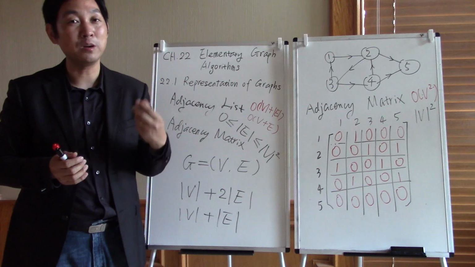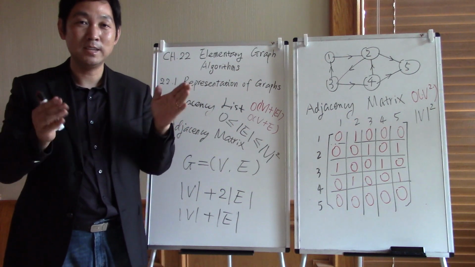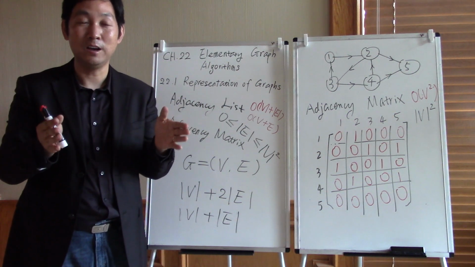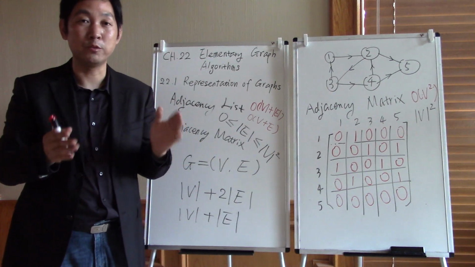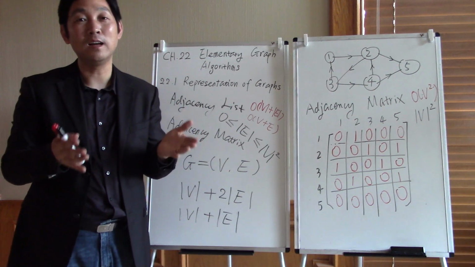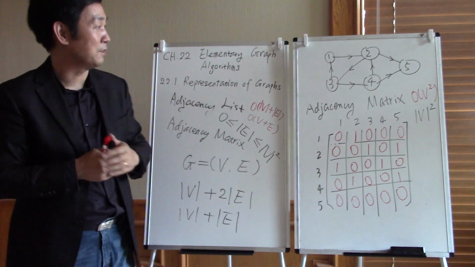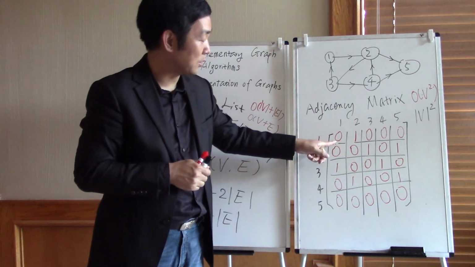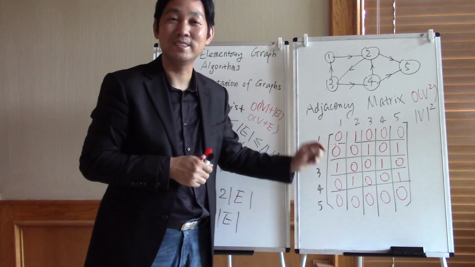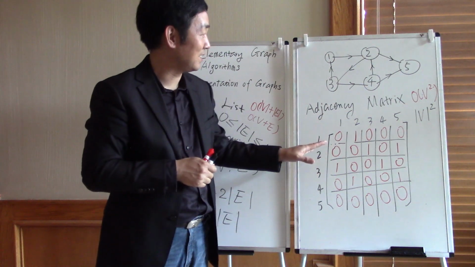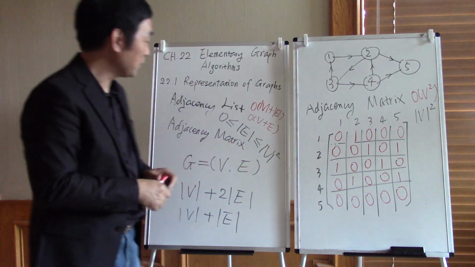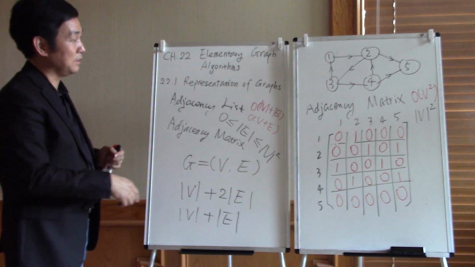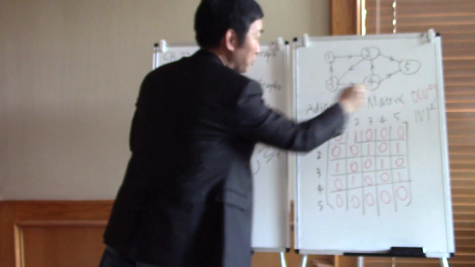Since you have v vertices, how many bits do you need at least to represent each vertex? You need log of v bits, right? And for the adjacency matrix, every bit is a real bit. It's either 1 or 0. So if we really count the number of bits, then for the adjacency matrix, it's really v squared bits.